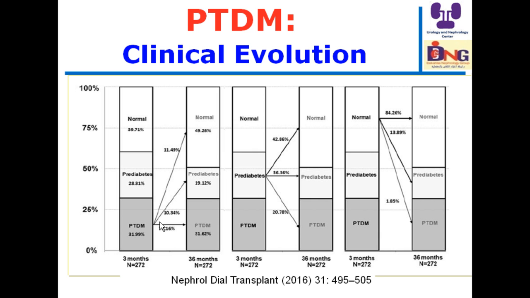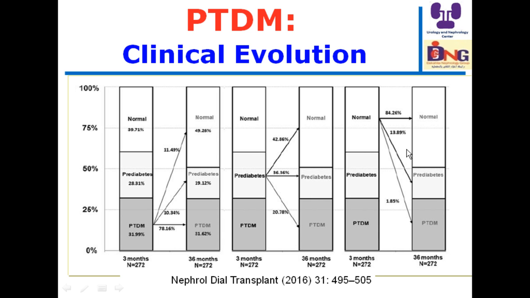If you look at the evolution of post-transplant diabetes, 78% persist after 3 years to be diabetic, 10% changed into pre-diabetes, and 11% changed to normal glycemia. And if we look at the evolution of pre-diabetes, 20% of pre-diabetic recipients changed into post-transplant diabetes, 36% persisted as pre-diabetic, and 42% moved to normal glycemia.